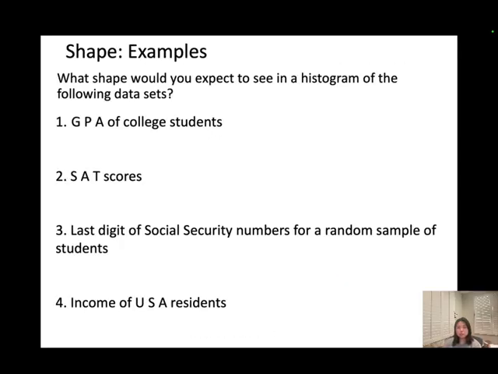What shape would you expect to see in a histogram of the following data set? We have the GPA of college students, SAT score, last digit of social security numbers for a random sample of students, and income of USA residents.